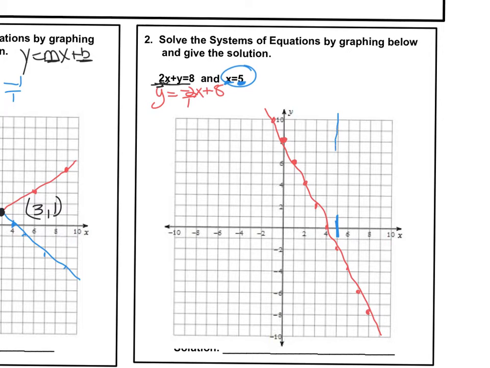If I'm crossing it, that gives me a vertical line. It crosses right here, and the intersection at (5, -2) is my solution.